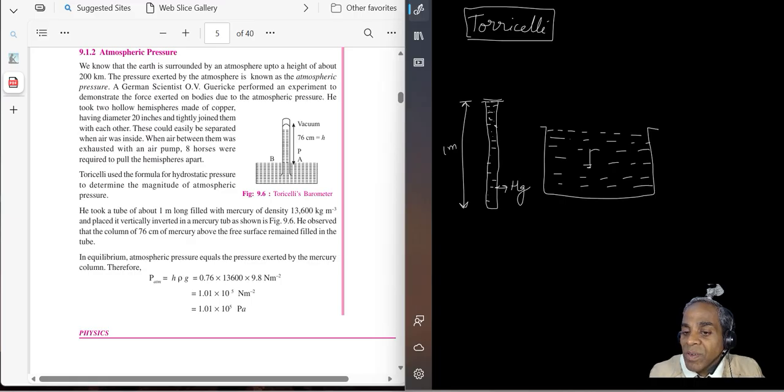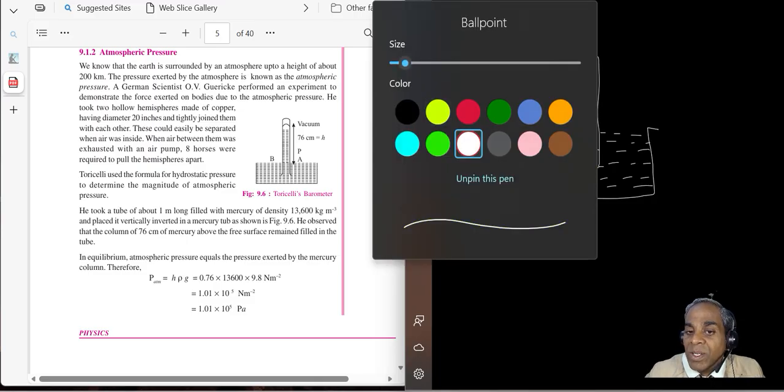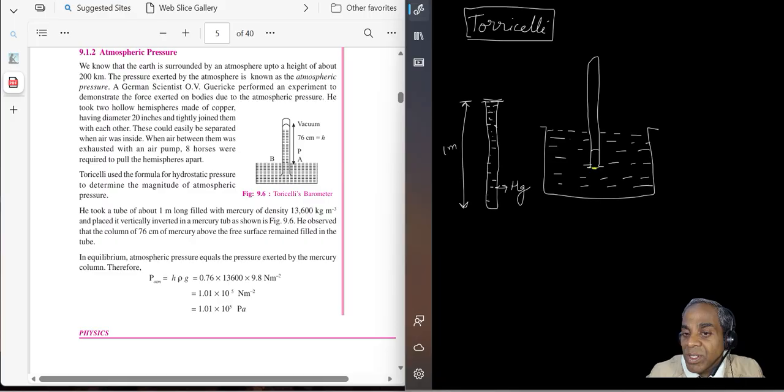Okay, this is the trough which is filled with mercury, and he inverted this tube, and he did not remove his finger while inverting, so there is no chance that the mercury inside the narrow tube would flow into the trough initially. This was the seal, and the mercury was already there inside that tube.